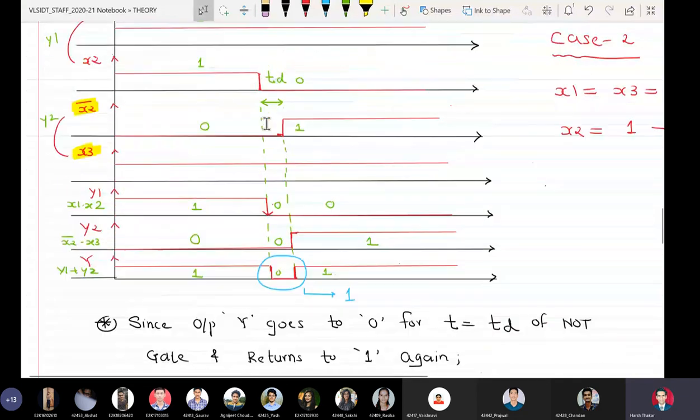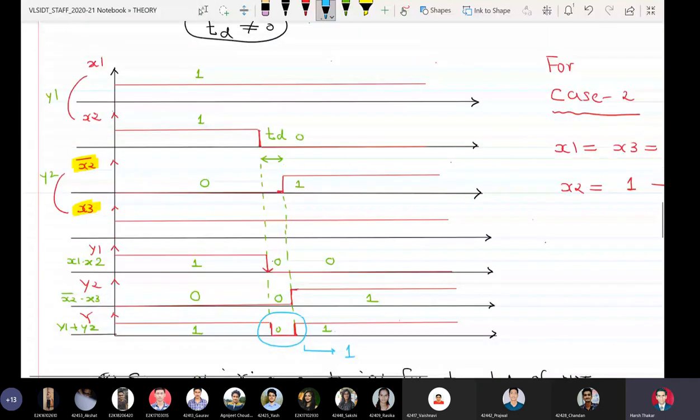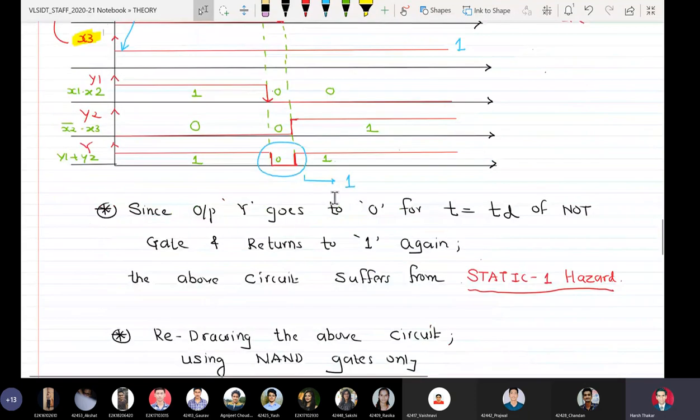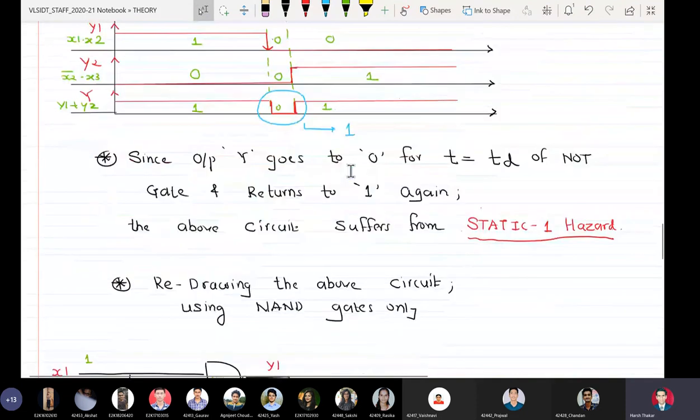From this waveform we come to know that if I take an ANDing between x1 and x3, then x1 ANDed with x3 is always equal to 1. We see x1 is 1 throughout and x3 is 1 throughout. If I can add this term x1 ANDed with x3 to the output y, then 1 ORed with 1 will remain 1 and 0 ORed with 1 will become 1.